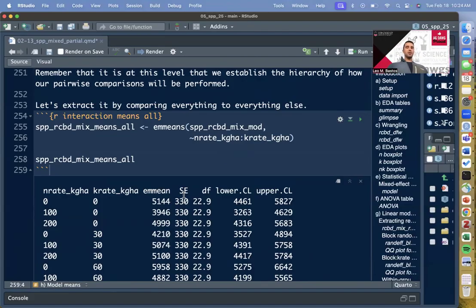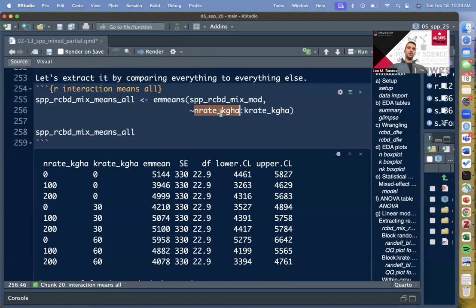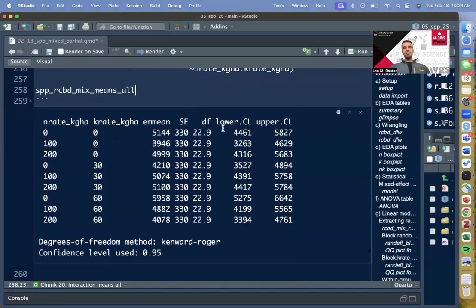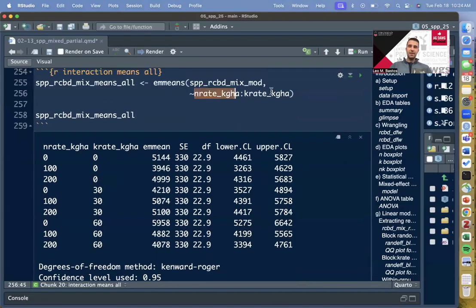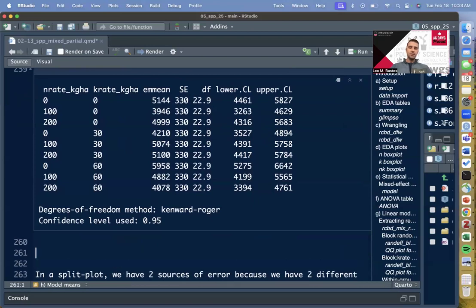Something we can try very quickly is, let's just look at this SE and the degrees of freedom associated with that SE for only nitrogen and only potassium. I'm getting a little bit off what I planned for the class, but I just want to take some notes here. So for this, we have an SE of 330 and DF 22.9.